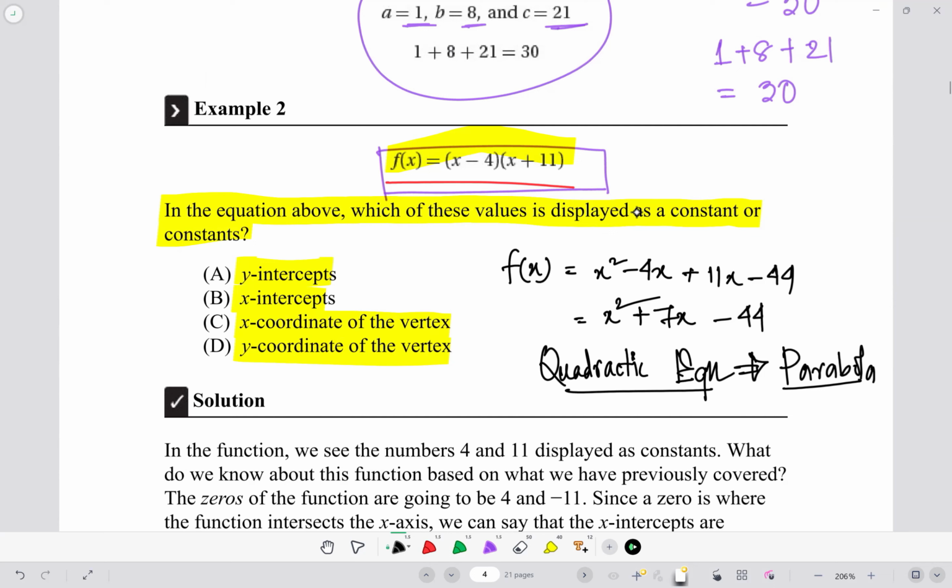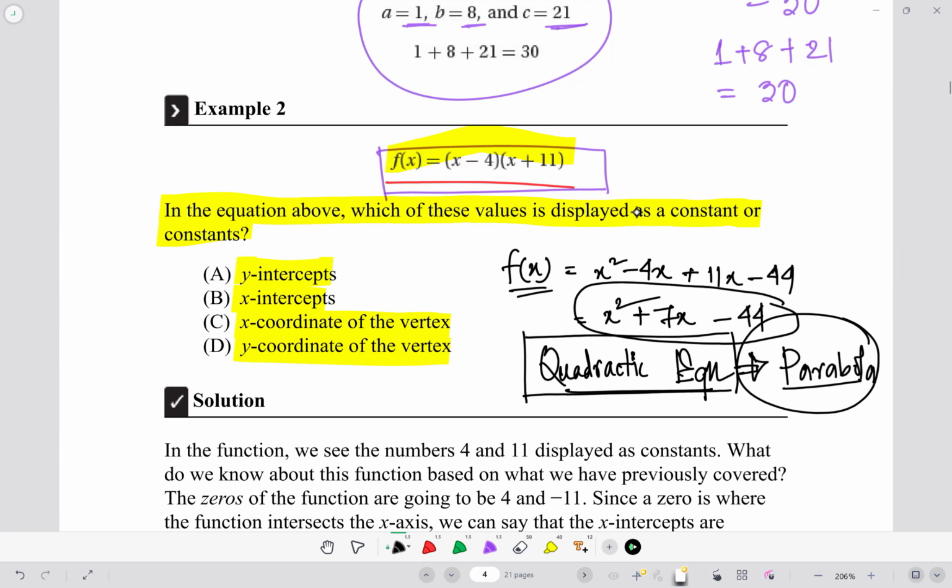Because this is how your mind should work. You should always think geometrically, algebraically, and in terms of the different ways that are possible, because this f of x is nothing but a quadratic equation, and a quadratic equation always represents a parabola.